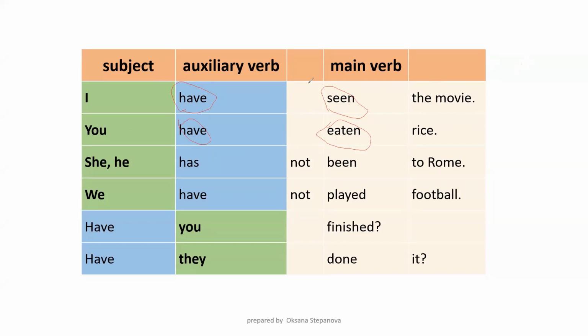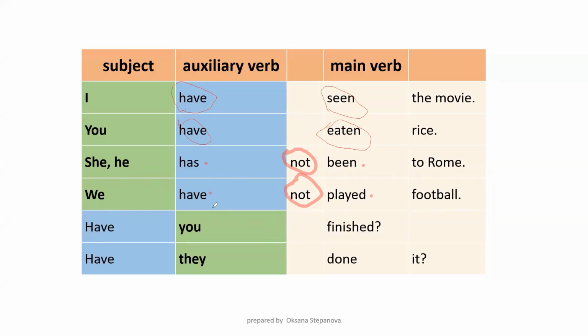When we want to make a negative sentence, we put the negative particle not between has or have and the main verb. So you put not between. He has not been to Rome. I have not been to Rome. We have not played football. So this is something to remember.